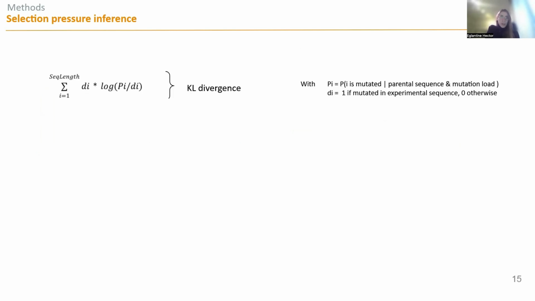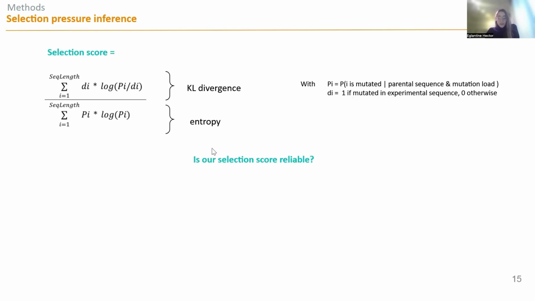So how do we measure this divergence? We use this metric from information theory, which compares two distributions. And the distributions are the probabilities of being mutated for each codon. And since we compare sequences with different mutation loads and different backgrounds, we normalize this divergence with entropy. And this is our selection score.